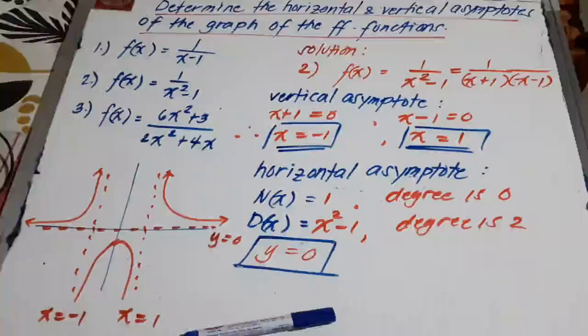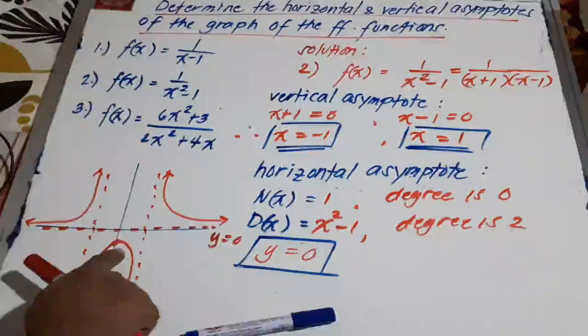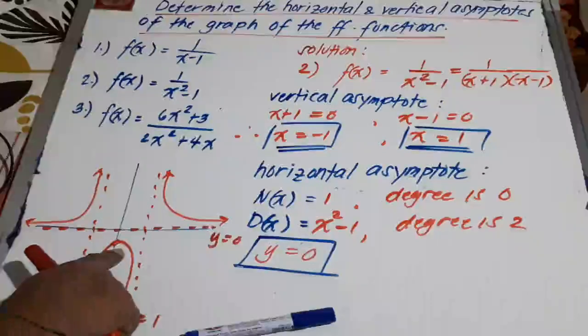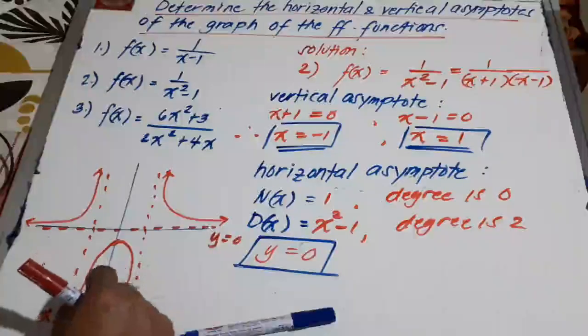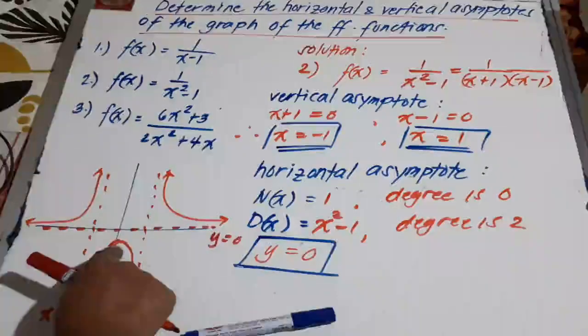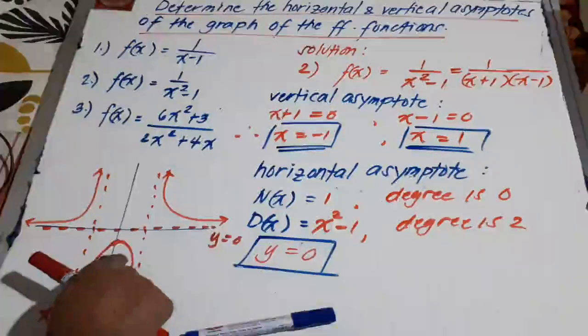Okay? Now, ito yung kanyang y-intercept kasi if you let x equals 0, y equals negative 1. So, tatama siya doon. Okay? Ang magiging restriction of y is the values from 0 to negative 1.